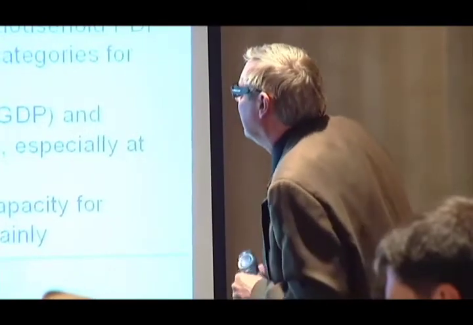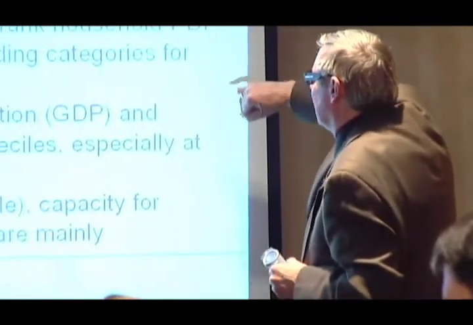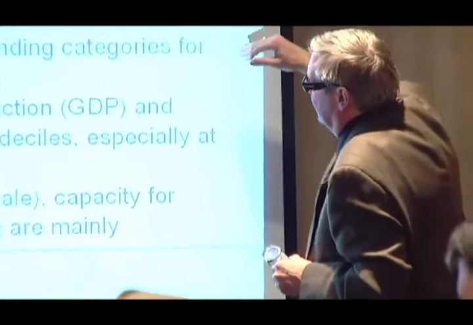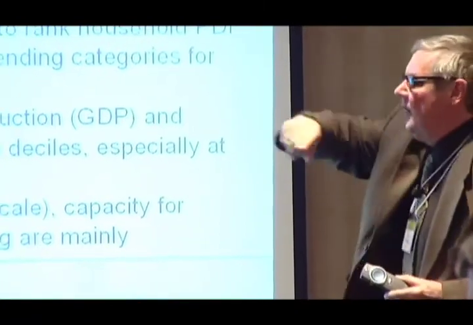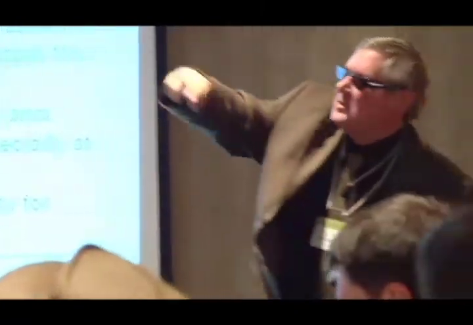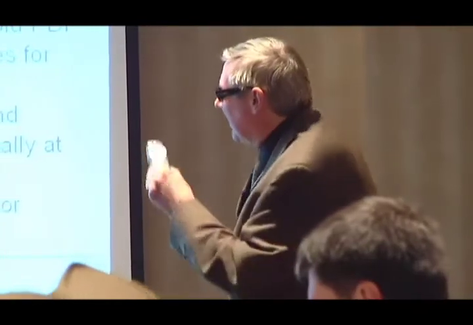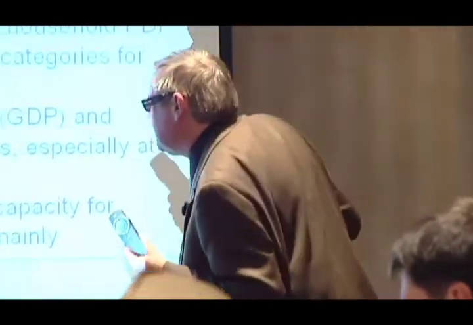To do the deciles, we take that personal disposable income, which is collected at a household level, rank them from the lowest to the highest, and then cut them at every 10th percentile, and that's where we get the decile cutoffs.